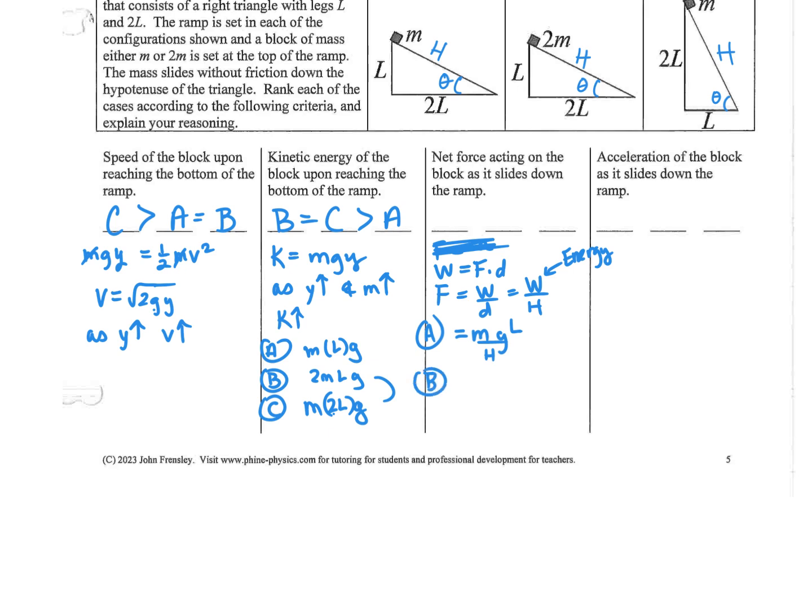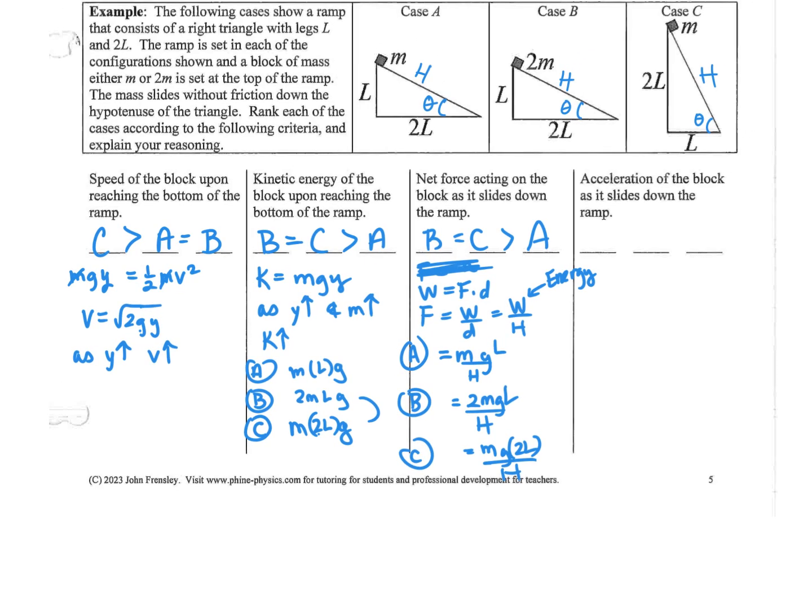For B, it's going to be equal to 2mgl over h, so it's bigger. And for C, it's going to be equal to mg times 2l over h. Okay, so again, B and C are the same. And those are both greater than A. Which, if you think about it, makes sense. It's shallower and it's lighter, so it's not going to need as much force acting on it.